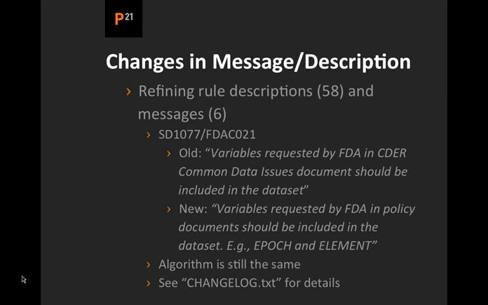The new description for this rule is "Variable requested by FDA in policy documents should be included in the dataset, for example, APERIOD and ELEMENT." So FDA updated this rule with a reference from an outdated document to a more generic reference to FDA policy documents, and they provided examples to make this rule clearer for understanding.